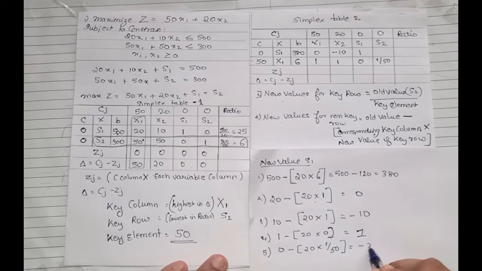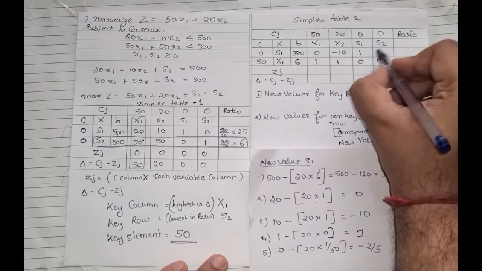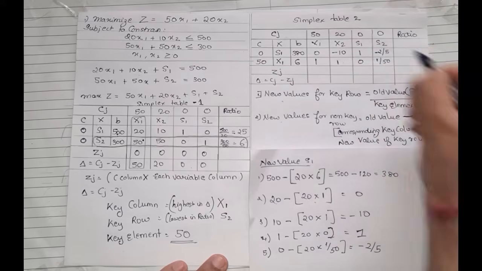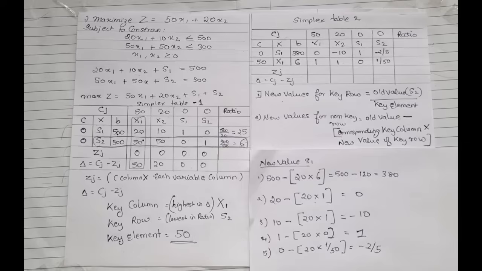When you solve this, you'll get negative 2 upon 5. So 380, 0, negative 10, 1 and negative 2/5 are the new values.